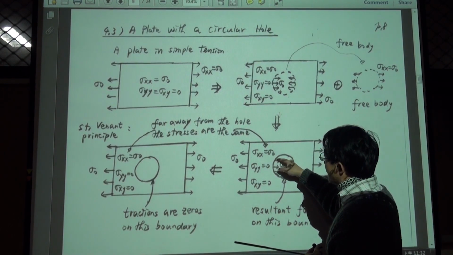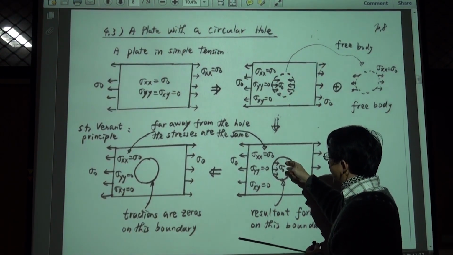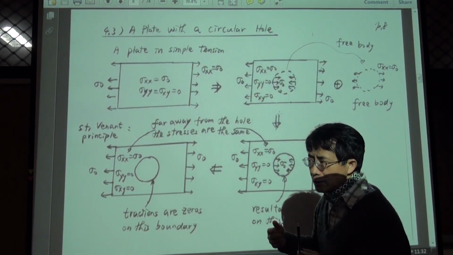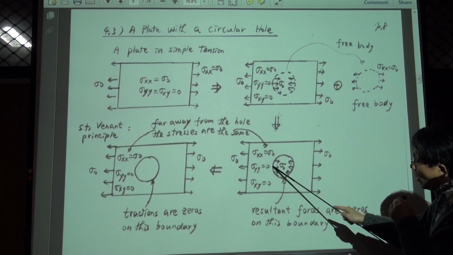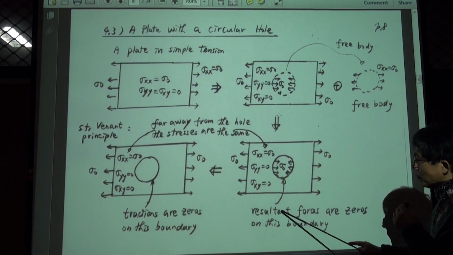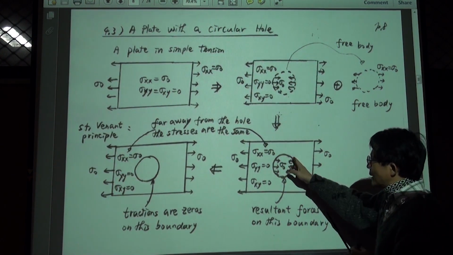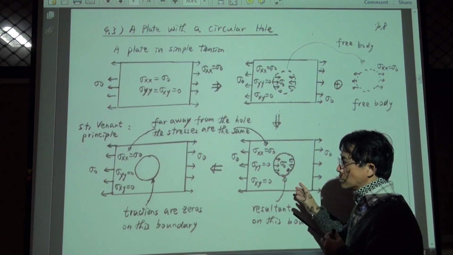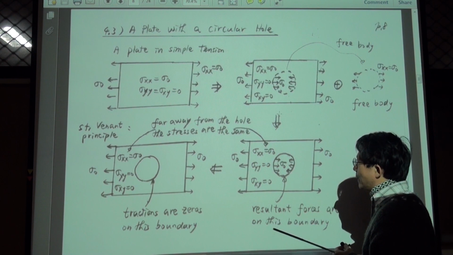The stress here is pulling to the left side. Now this one is pulling to the right side, so they balance each other. So it is easy to see that along the circular hole here, the resultant force is 0. Okay? Even though the stress along the circular hole is not 0, the stress distribution is not 0, but the resultant force is 0. Okay?